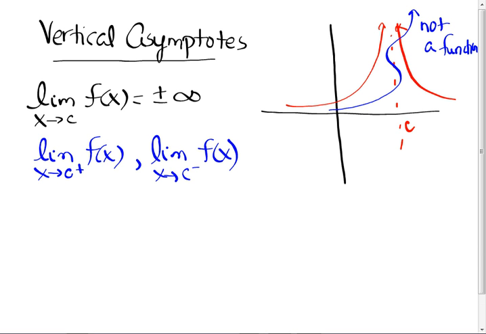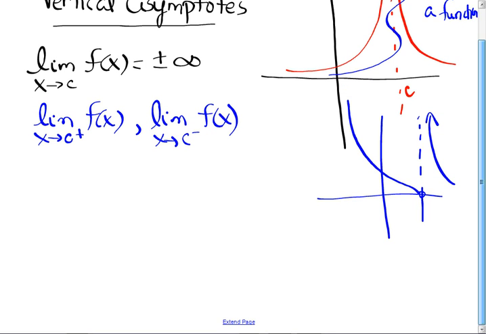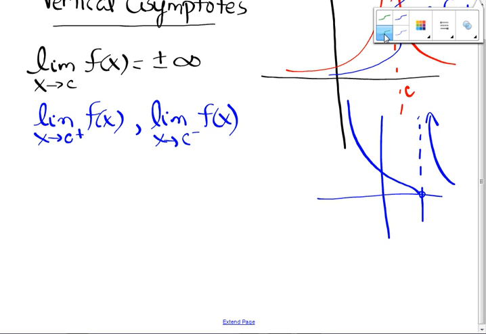You may not even have a vertical asymptote on one side. You could have this situation, where the graph comes in like this, and on this side it's a vertical asymptote. It's an exponential function that gets you that. It does happen. So there could be a vertical asymptote, but really from one side.